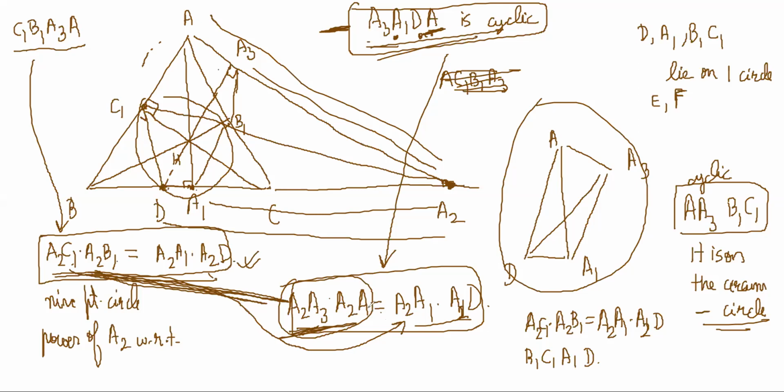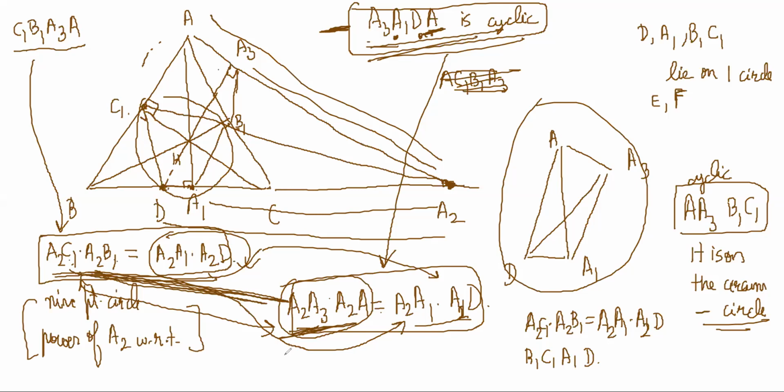What we have gotten is two conditions from two different powers of a point, one with the nine-point circle, and one thing is common in both. This gives us a third equality, and then you know that C1, B1, A3, A is a cyclic quadrilateral. So now H should lie on it.